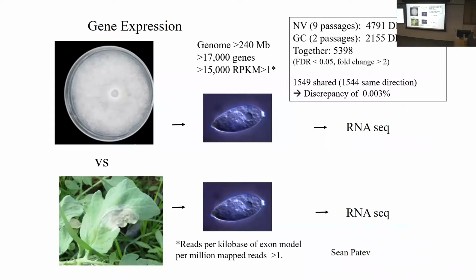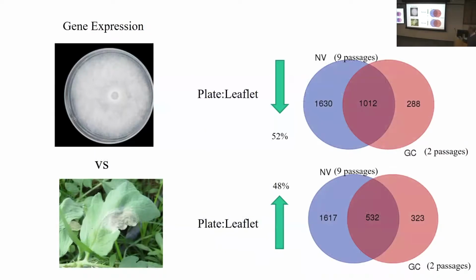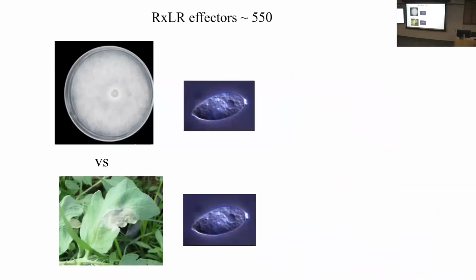It's interesting also that there were almost equal numbers of genes that were upregulated versus downregulated in this comparison. So both upregulation and downregulation.